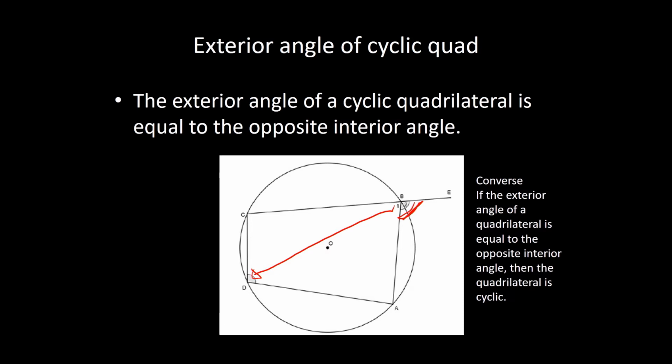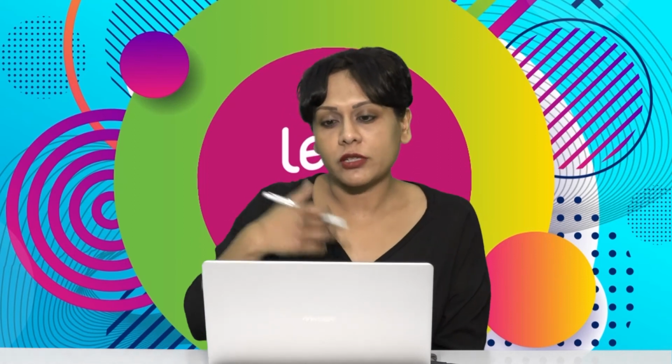To prove that a quadrilateral is cyclic, if we can prove that the exterior angle B2 is equal to D, then we can show that this quadrilateral is cyclic. Obviously, in that case, you won't be able to see directly that your points are lying on the circumference of the circle. It will be a quadrilateral somewhere within the circle, and you can show, using exterior angle of a cyclic quadrilateral, that the quadrilateral is cyclic.